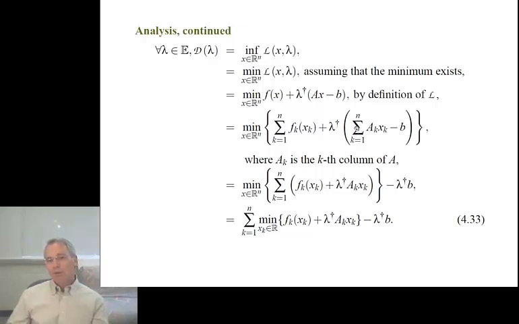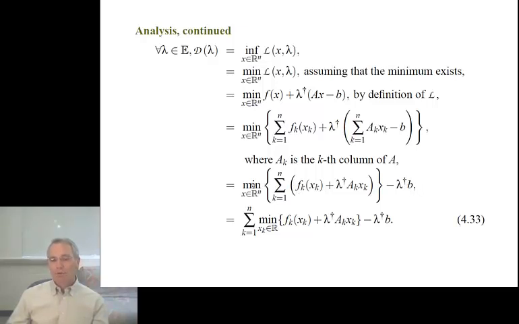And in particular, we can think of A times x as the sum across the entries of x of ak, the kth column, times the kth entry of x. And by rearranging things a little bit, I can think of that as the minimum of the sum of terms that now depend only on particular xk's, minus something that doesn't depend on x.